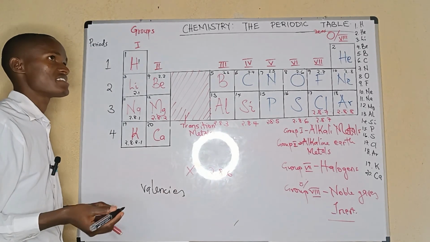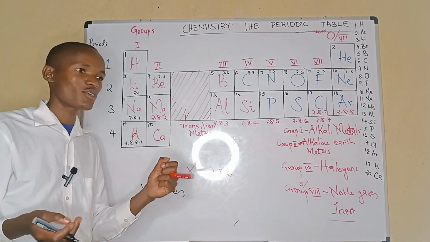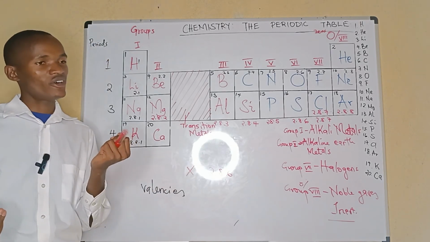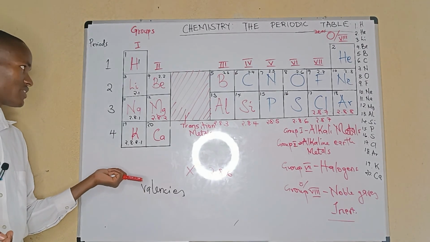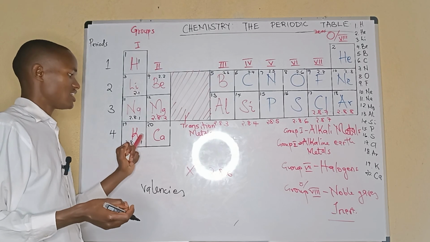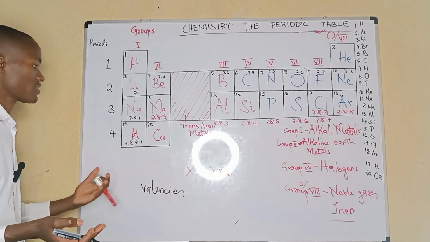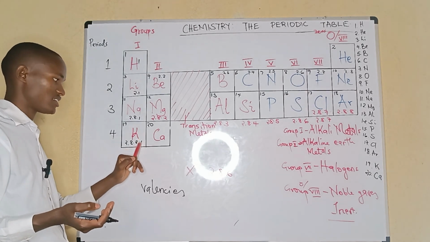A valency is the number of electrons that an atom of an element has to lose or gain in order for it to take part in a chemical reaction. What electrons do these elements have to lose or gain? In their case, they will be losing, because it is easier to lose 1 electron than gain 7 to be stable.